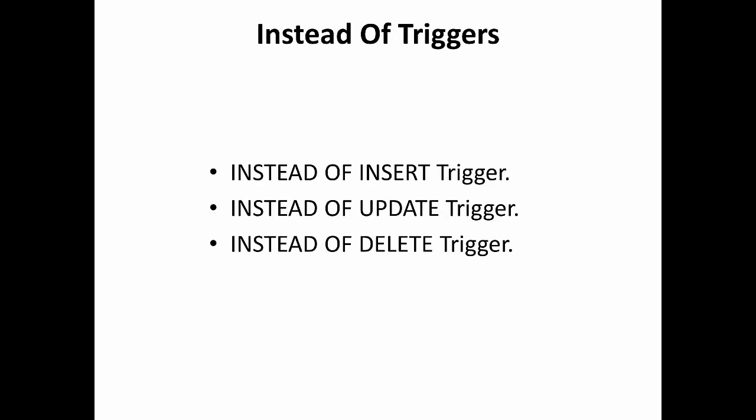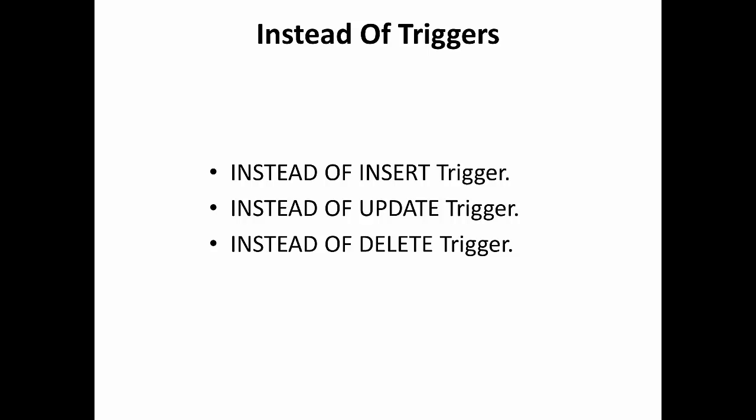Instead of triggers. These can be used as an interceptor for anything that anyone tries to do on our table or view. If you define an instead of trigger on a table for the delete operation, when they try to delete rows they will not actually get deleted, unless you issue another delete instruction within the trigger.